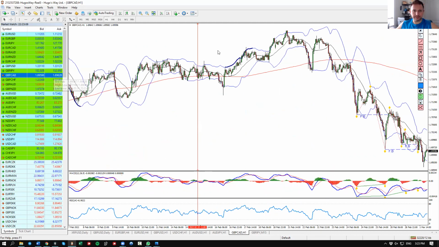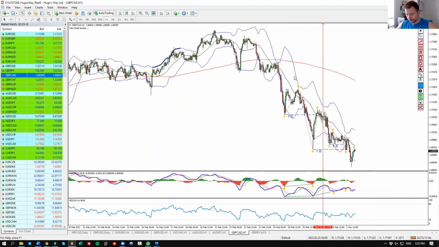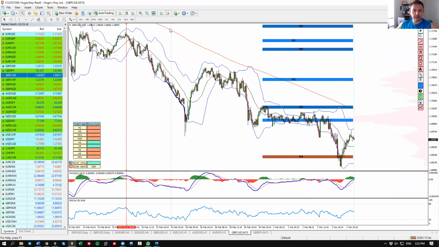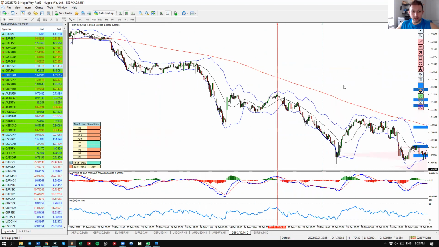Pound Canadian, here we are. So if we go to the lower time frame to see how it all develops, we can clearly see a series of highs and lows gaining momentum to the downside right here.